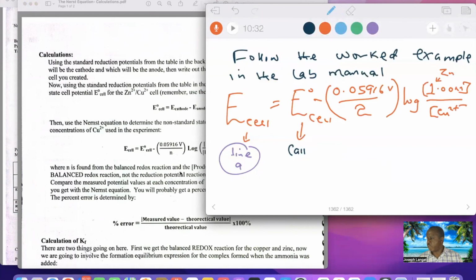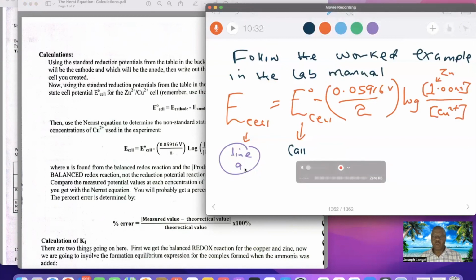This is what we are looking for. So here, this equation, you should calculate this. This is from line 9, 2 electrons, 1 molar concentration of zinc, but we are looking for this.